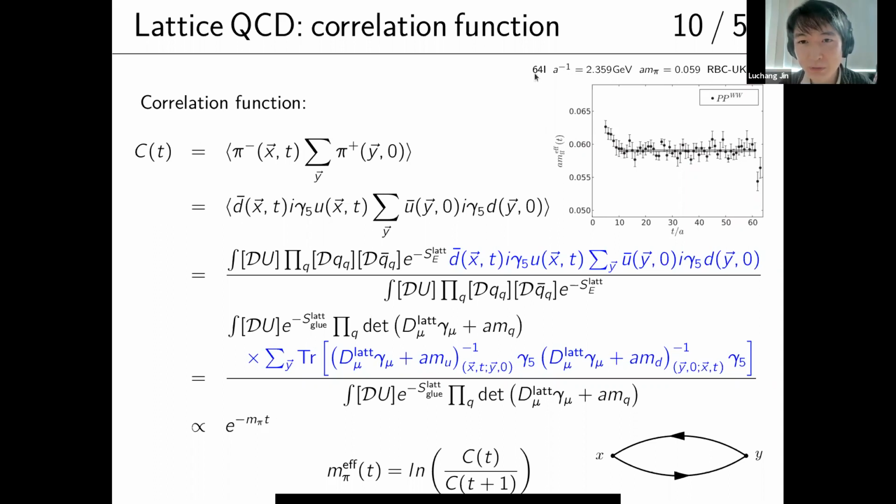So this ensemble is called 64I. For the spatial direction, it has 64 points in each direction, so the X, Y, Z directions. In the time direction, usually we double that so that we can have a longer range, since in many cases we study time direction correlation functions. So the time direction is 128. Okay.